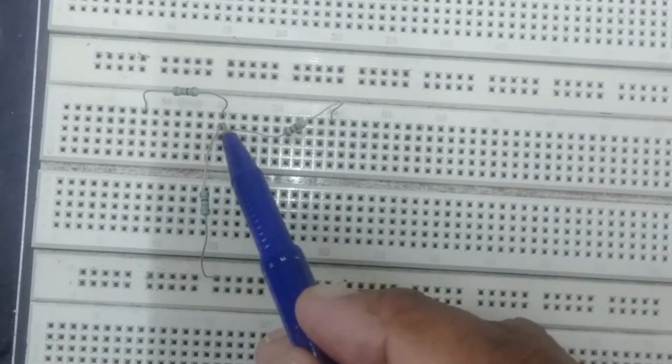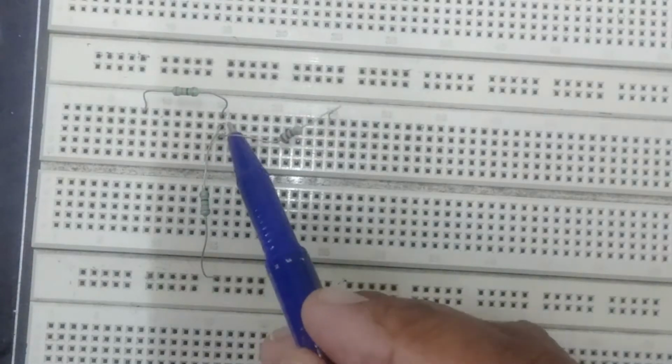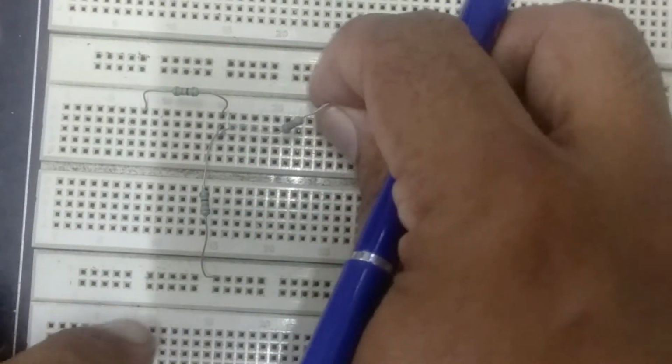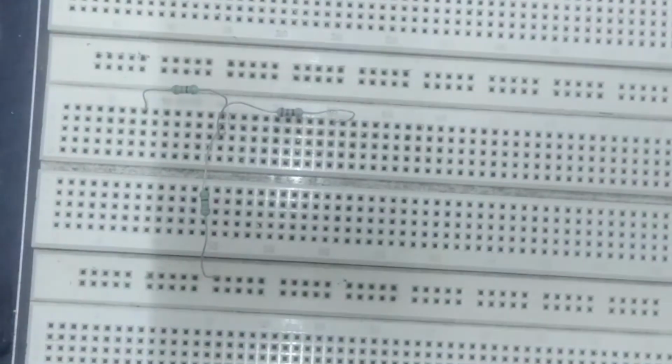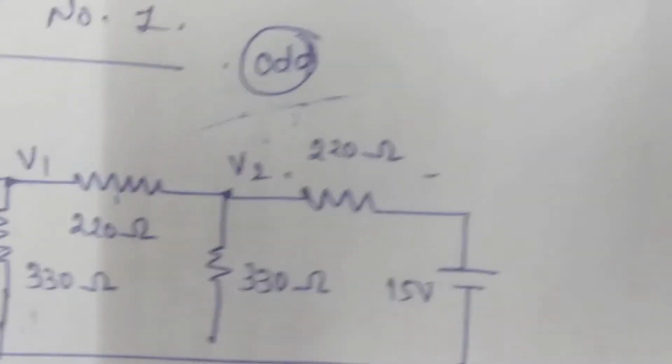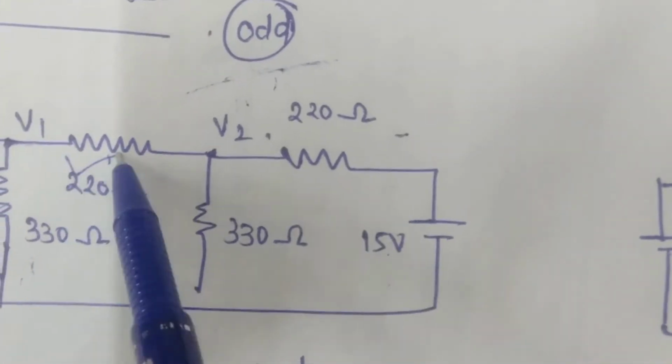As you can clearly see, these three are connected vertically, that means they are connected on the same node. Now this 220 ohm resistor is connected.